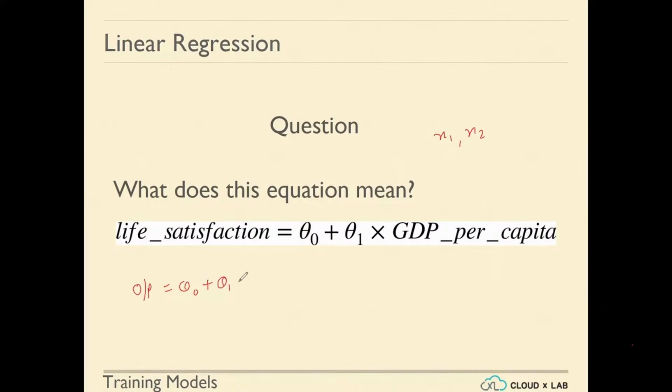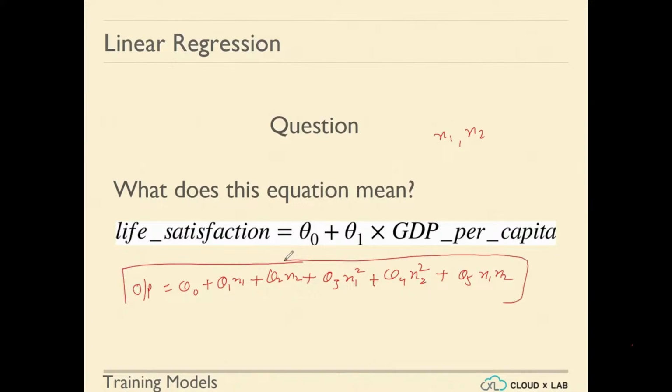Since we have two variables, the combination will be theta 1 x1 plus theta 2 x2. Then we will use degree 2 terms: theta 3 x1 square plus theta 4 x2 square plus theta 5 x1 x2. This type of model we will learn if we learn a degree 2 polynomial, where we have two feature values x1, x2.